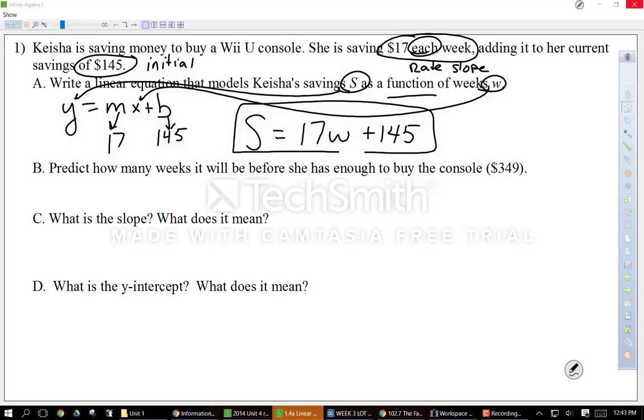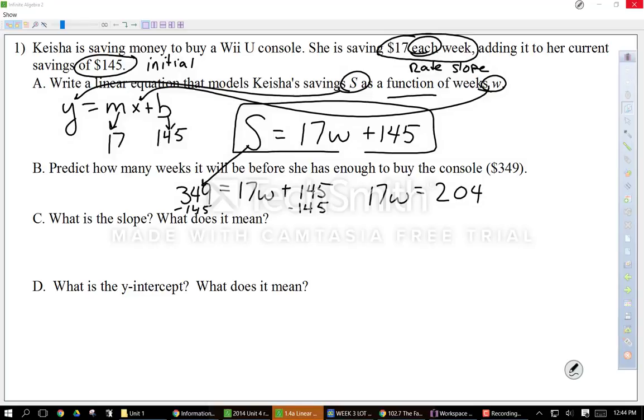Part B, predict how many weeks it will be before she has enough to buy the console, $349. So if the whole console is $349, that stands for how much money she needs. So S is going to be 349, equal to 17W plus 145. And now it's a two-step equation. I need to solve it. So remember, I have to subtract 145 from both sides, and then I get 17W equals 204.